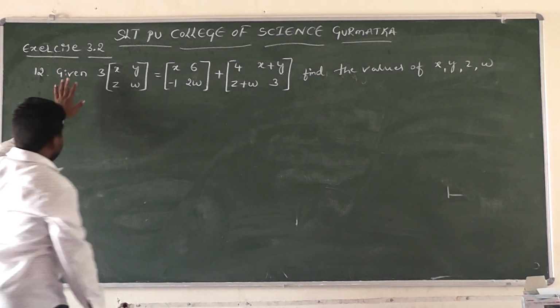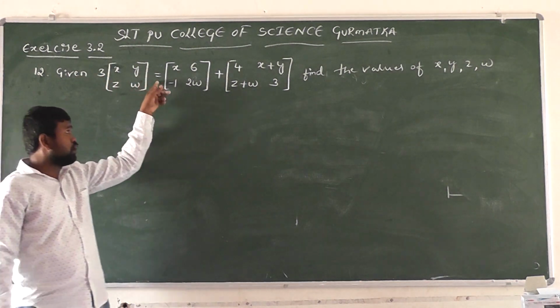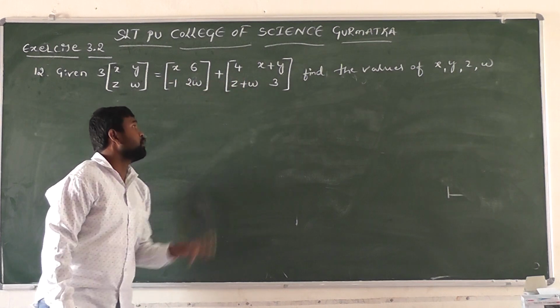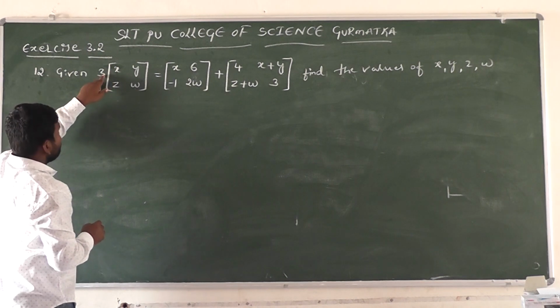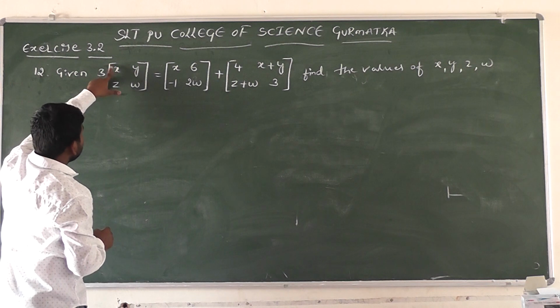In the 12th question, here a matrix is given, 3 into this matrix is equal to the sum of the two matrices, right? This matrix plus this matrix. First we have scalar multiplication, so we have to multiply inside the matrix, each element.